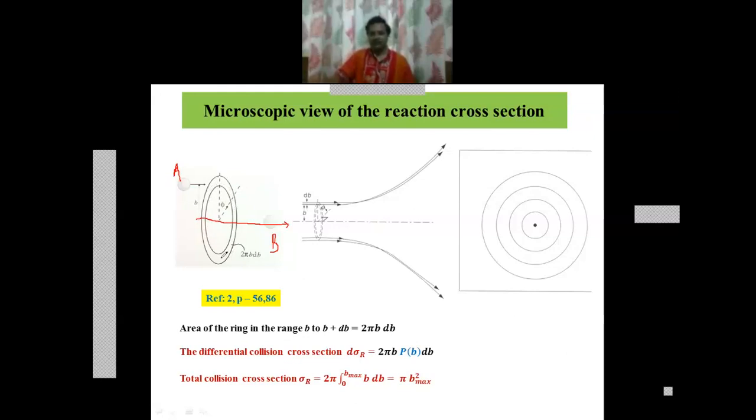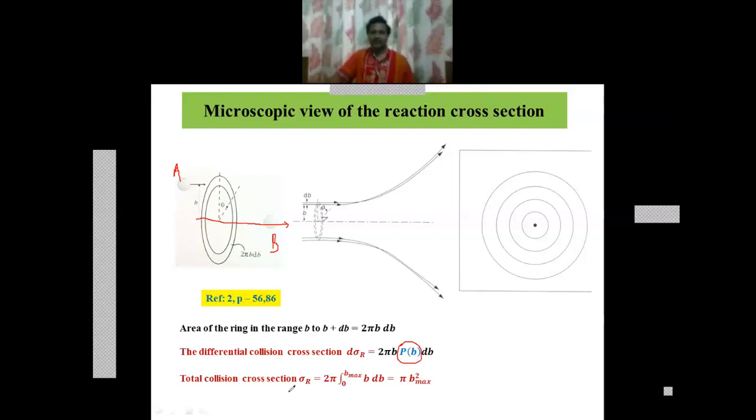Only the strip of this ring. The area of the ring is 2π b db, and I need to multiply it with the reaction probability P(b), which we discussed in the previous slide. Then only do I get the reaction cross section. That is called the differential reaction cross section, differential only because of this ring.